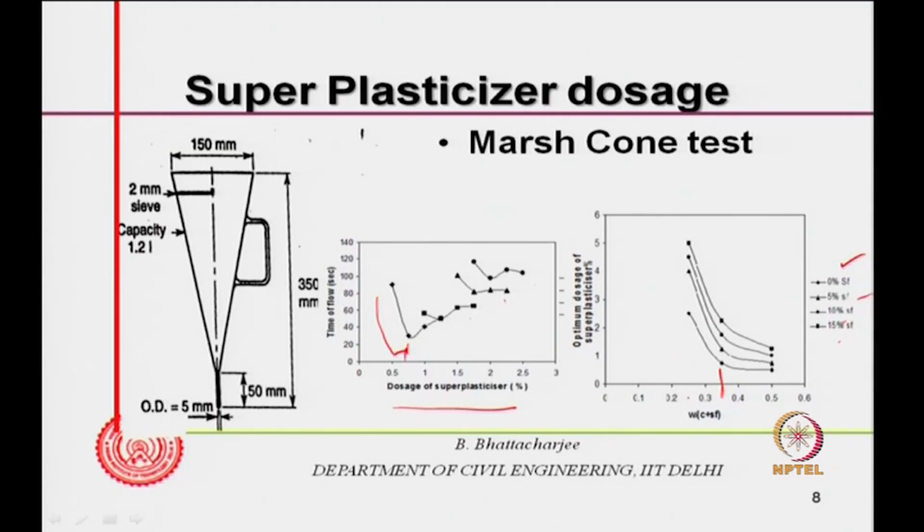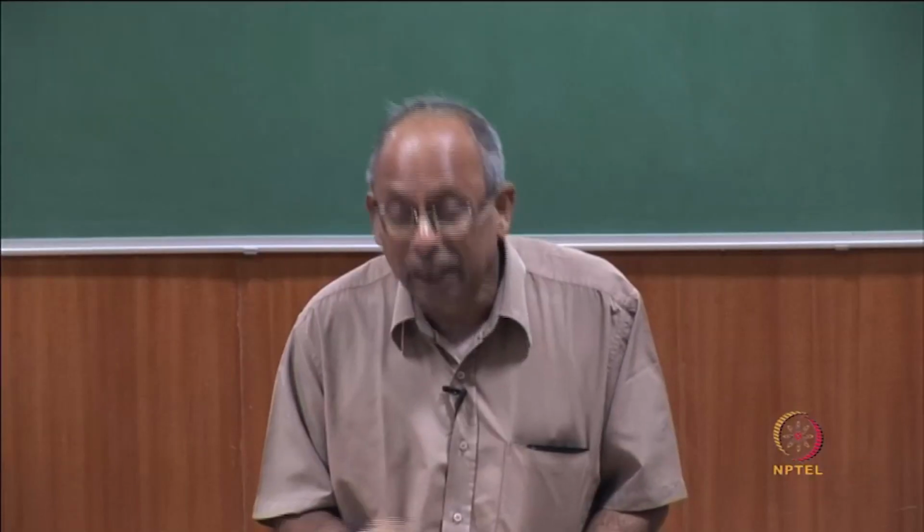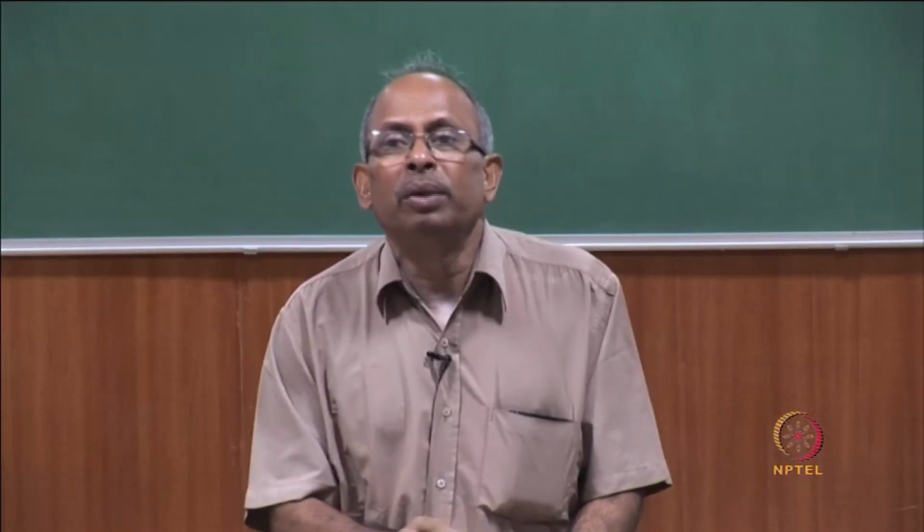For various water to cementitious ratios, as you go on increasing, you do not have to increase it, the optimum superplasticizer dosage remains the same. So, you can find out the combination or optimum superplasticizer that you require, the most compatible superplasticizer, that you determine from here through the Marsh cone test.